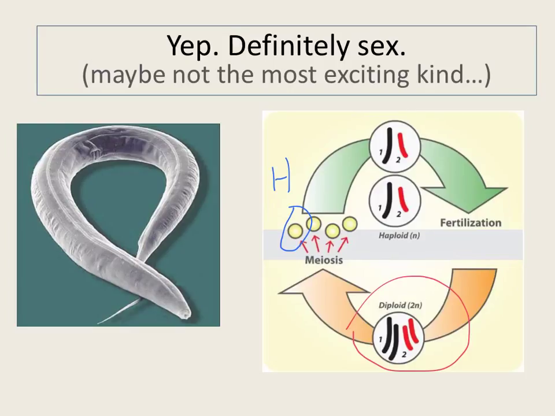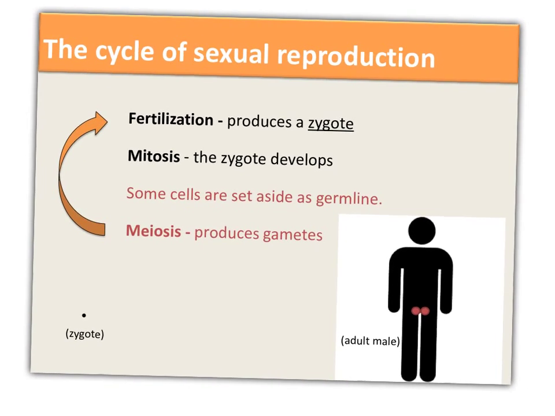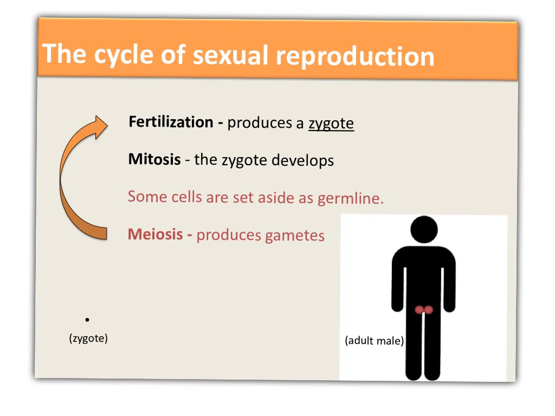Then the haploid cells join and restore the diploid state. Okay, so pretty simple.